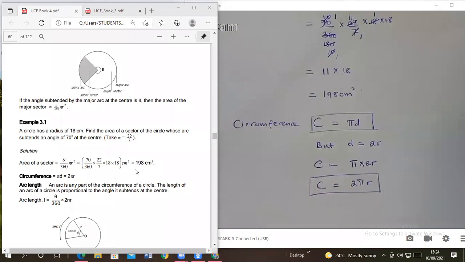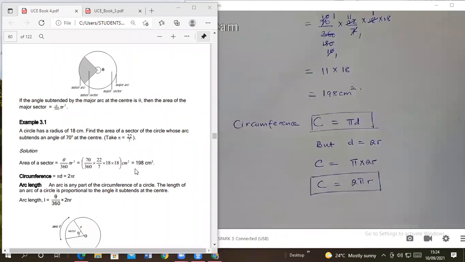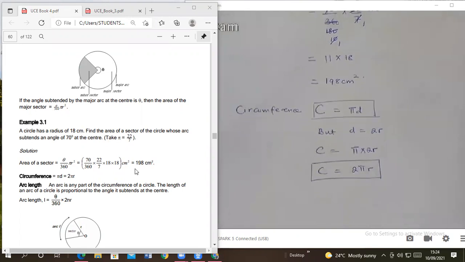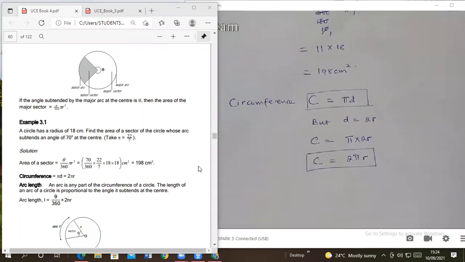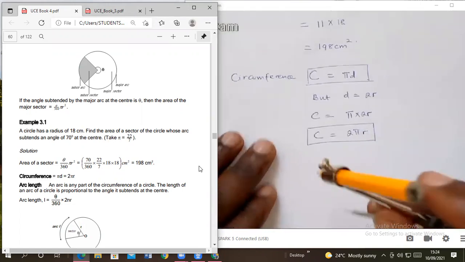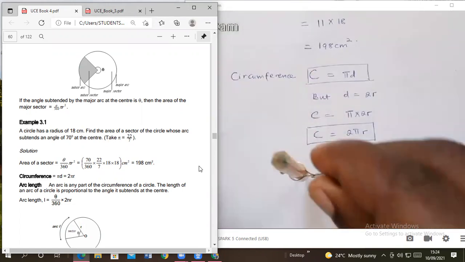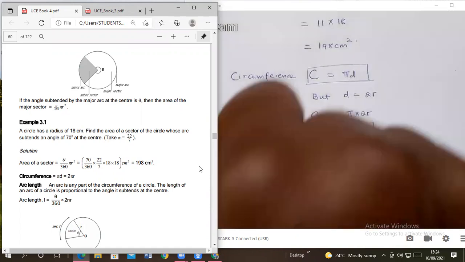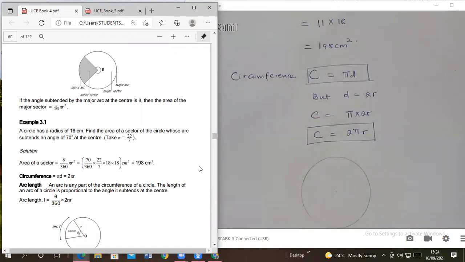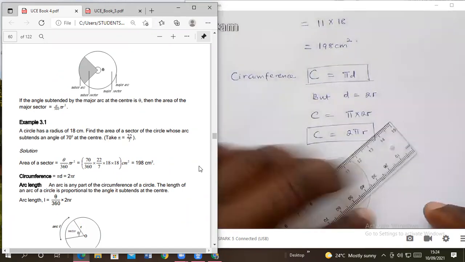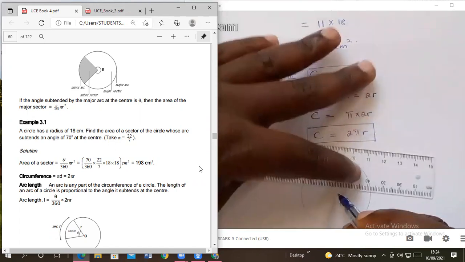Then, how would you get the length of an arc? If I take you back to our circle here, we are going to do the circle again. Very easy. Let us draw the sector.